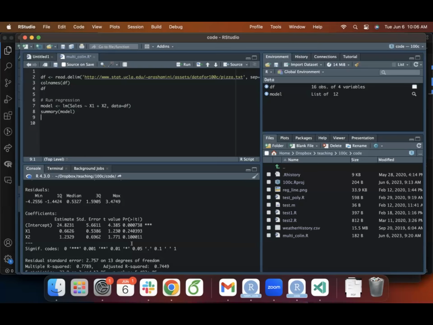So, for example, if you want to reject the null hypothesis if either of the sub-hypotheses is rejected, then you usually adjust your significance level by half.